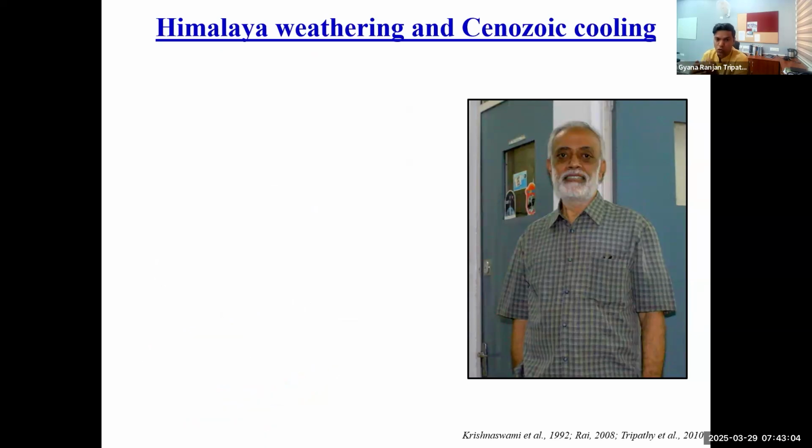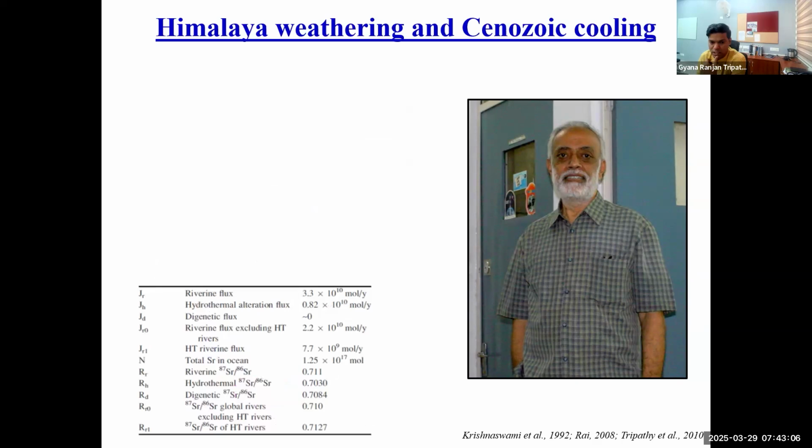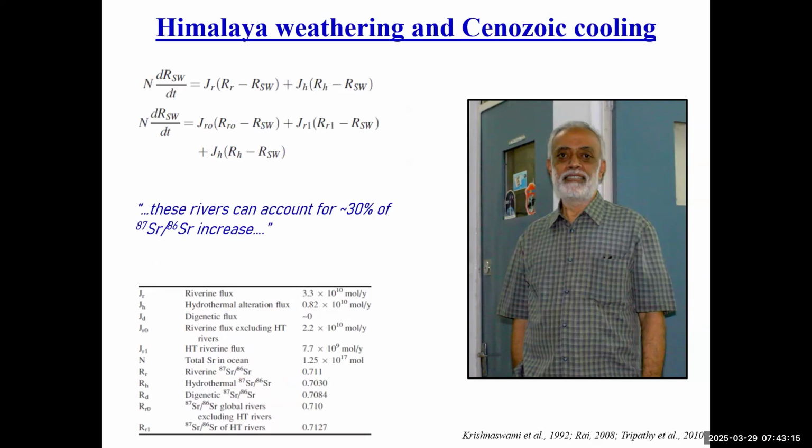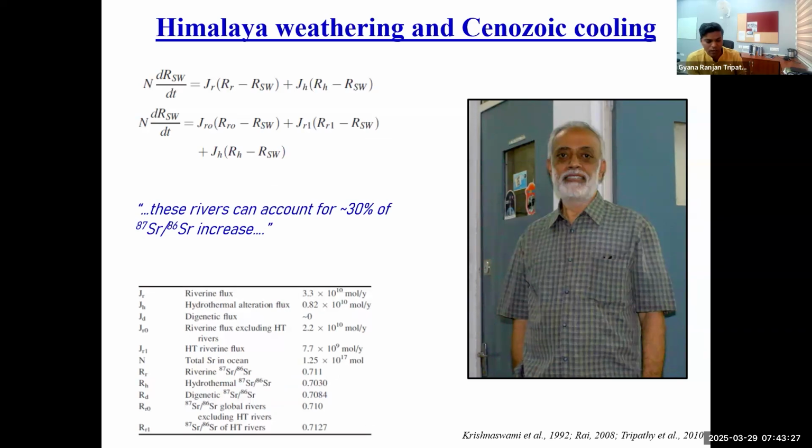They went on to do more mathematical calculations, with a lot of mass balance equations, but they found in '92 itself that these rivers can account for only 30% of the 87/86 increase. Yes, there is an increase and Himalaya may contribute, but it can be only 1/3 of it. It cannot account for the full growth that we are seeing.